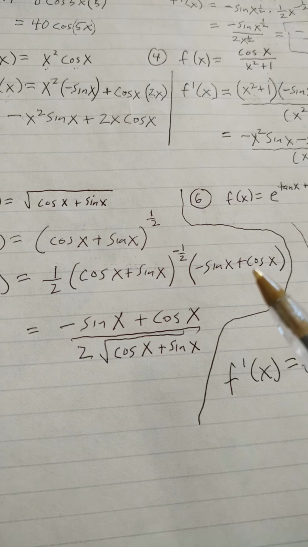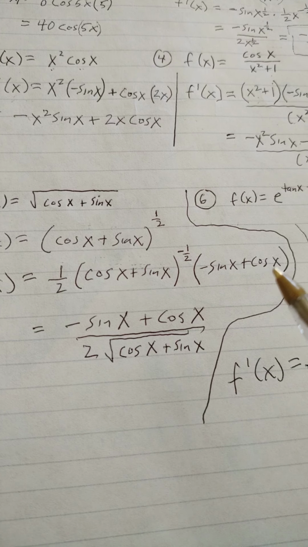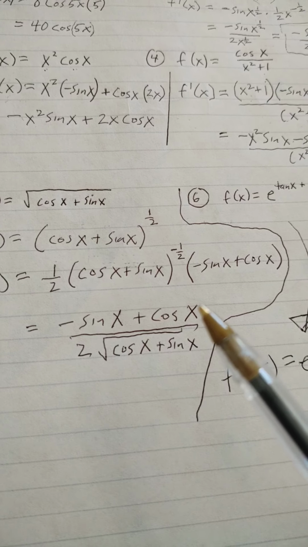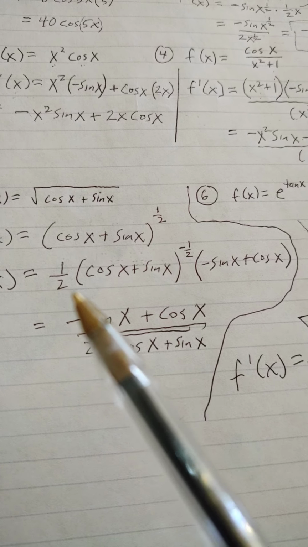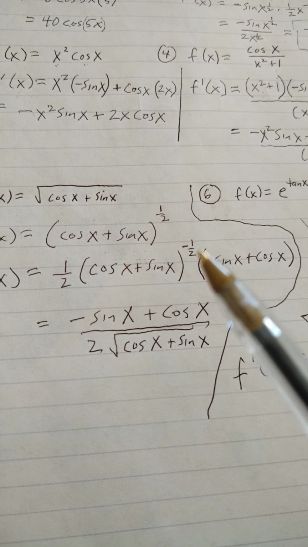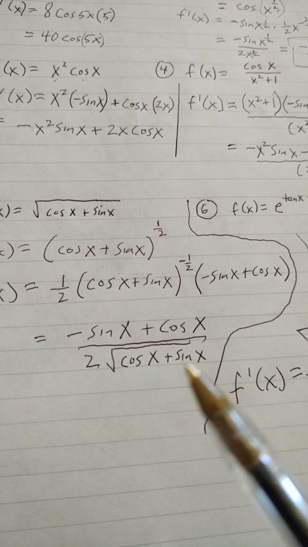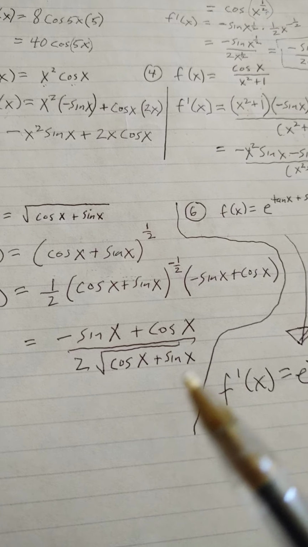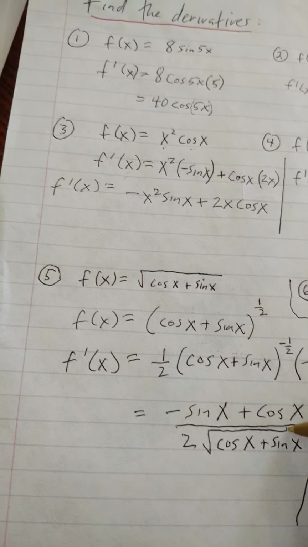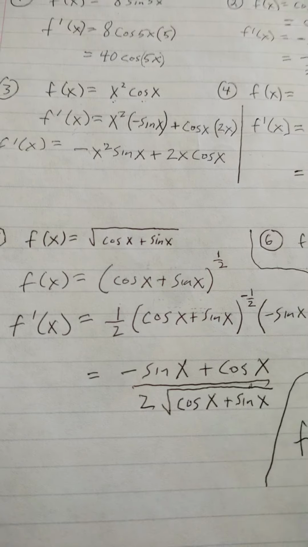And then you can simplify it. So this stays on top, negative sine x plus cosine x, but downstairs is going to be the 2, and then this expression goes downstairs because of the negative exponent. When it goes downstairs, it's to the positive 1/2 power. But positive 1/2 power is the same thing as square root. I'm going to extend that square root, make sure everything's inside that square root.